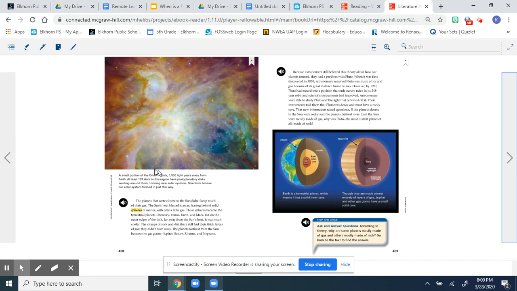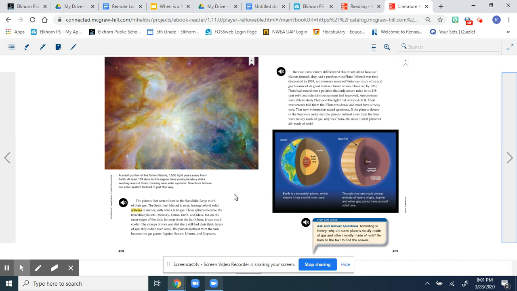We also do have a caption here, so let's go ahead and read that. That would be a text feature, so with this photograph. And it says a small portion of the Orion Nebula, and again, I know that's a space cloud, 1,500 light years away from the Earth. At least 153 stars in this region have protoplanetary disks swirling around them, forming new solar systems. Scientists believe our solar system formed in just this way.